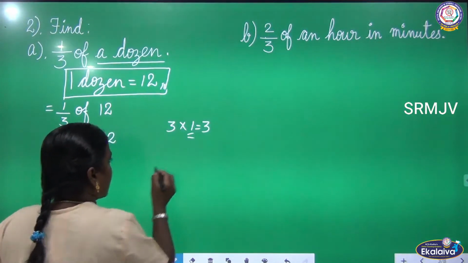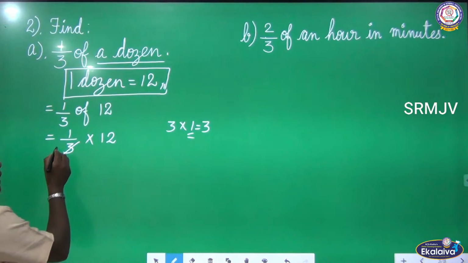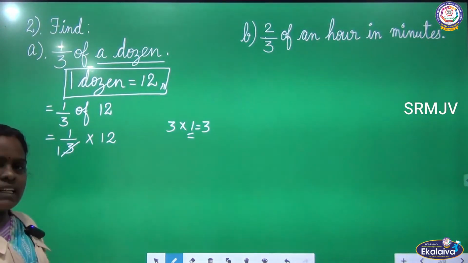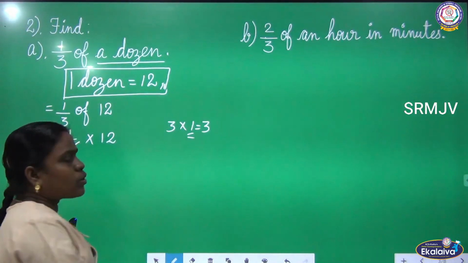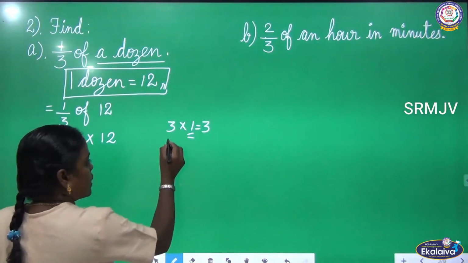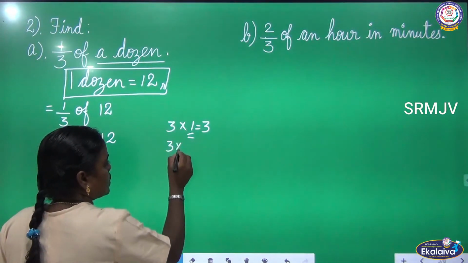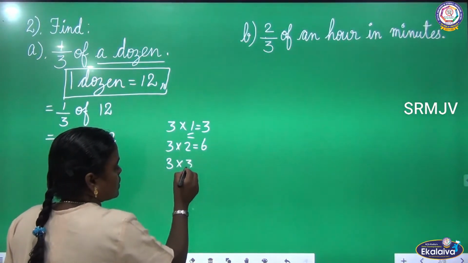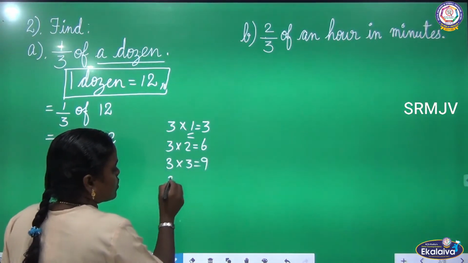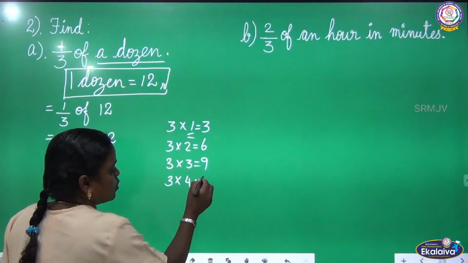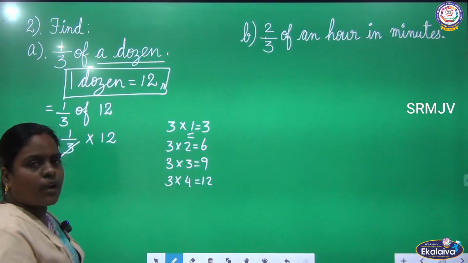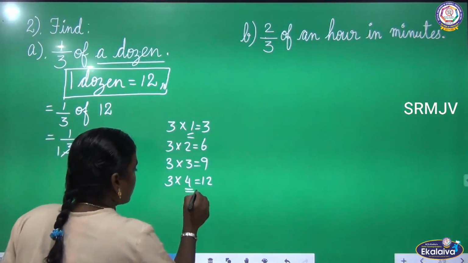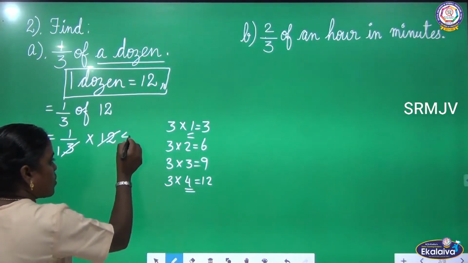So we are going to write 1 and cancel the number 3. And we have 12 here. So continue the table. 3 2s are 6. 3 3s are 9. 3 4s are 12. So in fourth time we have 12. So write 4 and cancel the number.